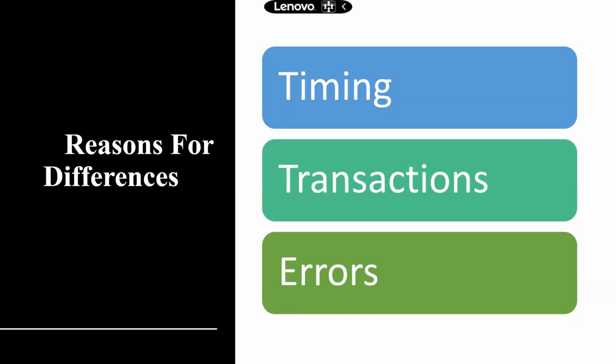So I have just tried to sum up the differences into these three categories. There can be lots of differences between cash book and passbook. But the major types, I have just summed up into three major types. So differences related to timing, differences related to transactions, and differences related to errors.